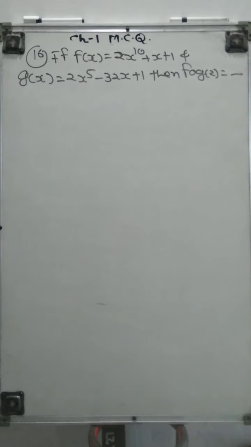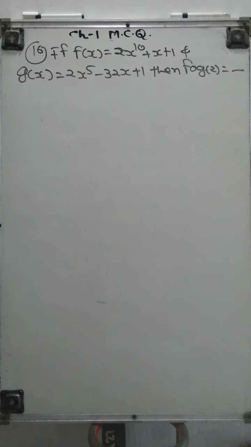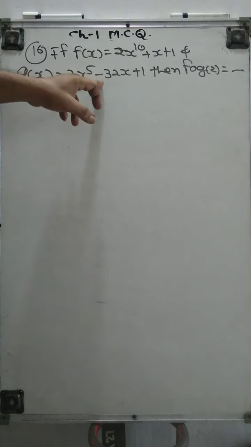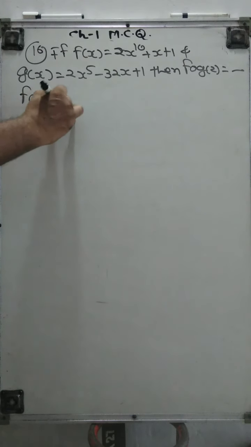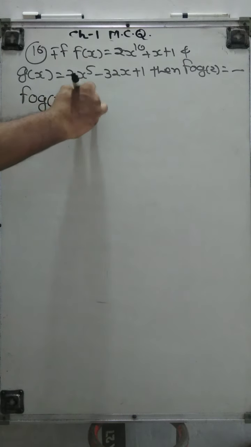Now the 16th sum. fx equal to 2x raised to 10 plus x plus 1 and gx equal to 2x raised to 5 minus 32x plus 1, then FOG2 is equal to dash. So here FOG2 is equal to F bracket G2. It is F, G2 is 2 into 2 raised to 5 minus 32 into 2 plus 1.